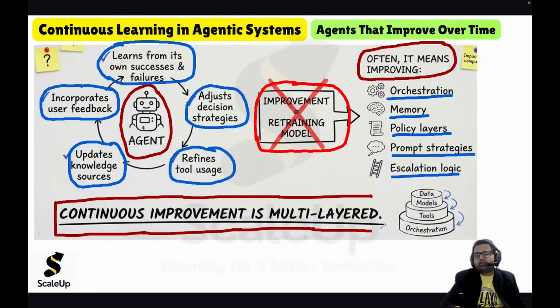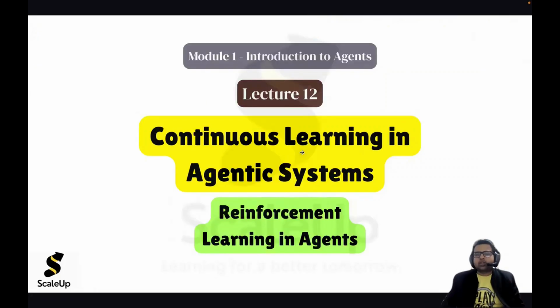It means we have to improve the different layers of an agentic AI system. The learning agent should also learn from its own success and failure, incorporate user feedback, and based on that adjust decision strategies, refine tool usage, and update knowledge sources. All that it should do.